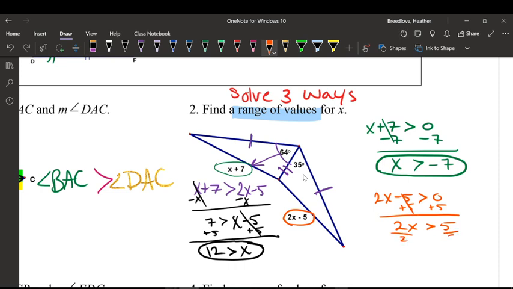If I divide by 2, then x is greater than 5 halves. 5 over 2, or 2.5. So x is greater than 2.5. I know y'all don't like fractions. We'll work with a decimal. All right, so I have 3 possible answers now.